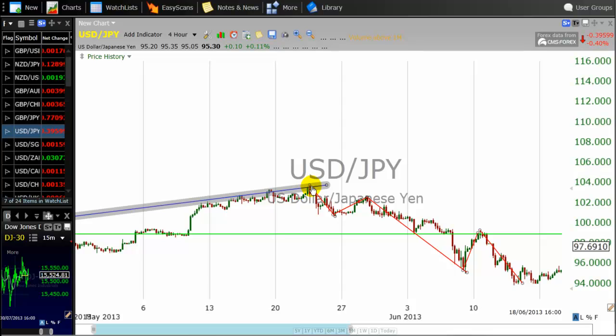Now, when I see a correction, the internal wave of a corrective wave from the five wave, I'm thinking of a zigzag pattern.